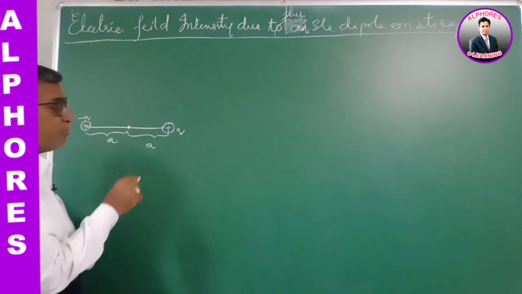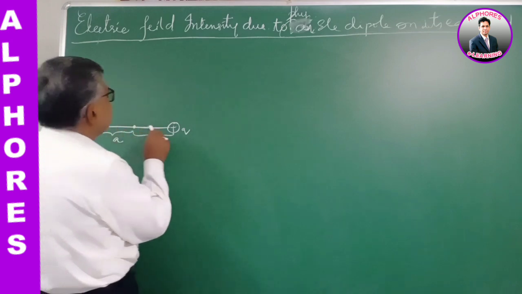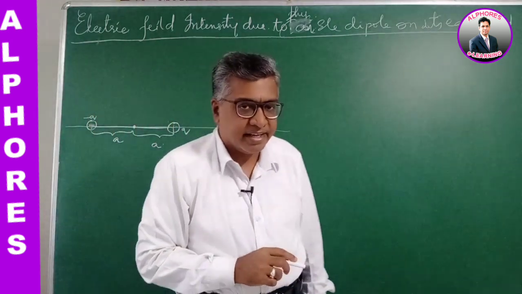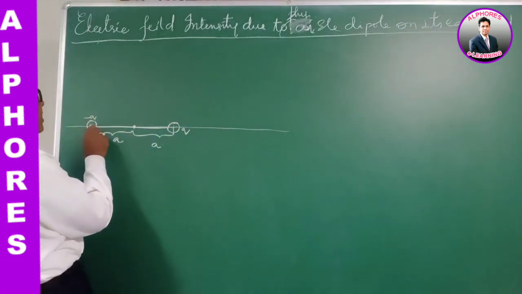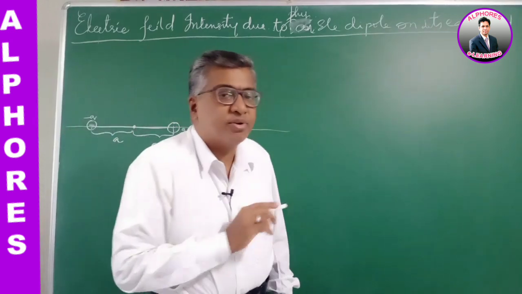Now, in the previous episode we learned that the line joining the charges passing through the midpoint is called the axial line, the axis of the dipole. What is the equatorial line?